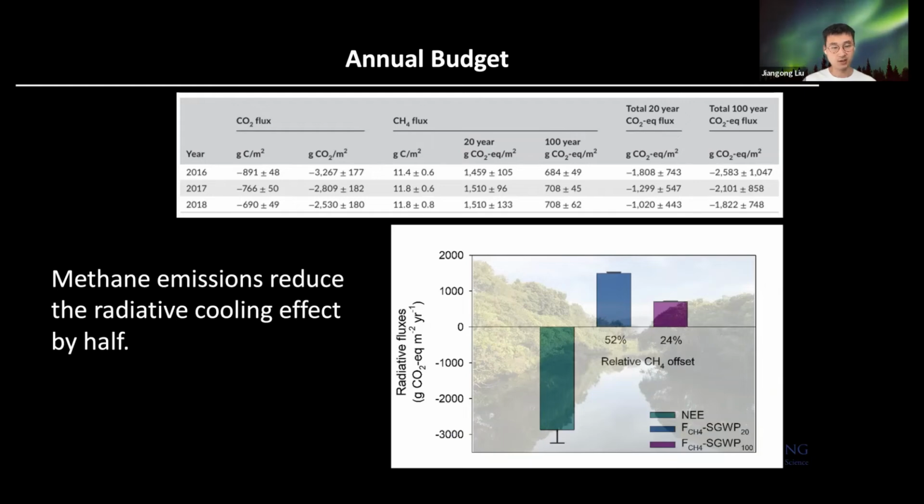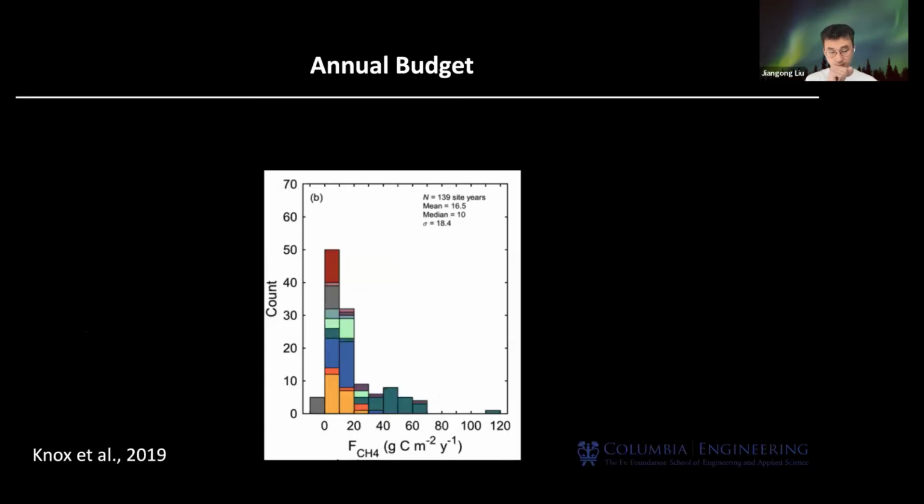This means we cannot just ignore the methane emissions from coastal wetlands. And if we put this value into a global picture, compared with other sites in FluxNet Methane, it is located here. It is not very high, and it is also not that low.